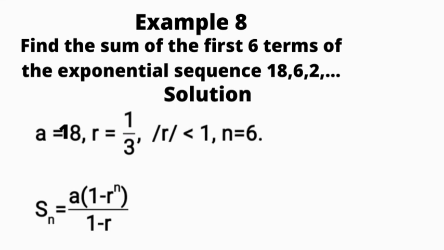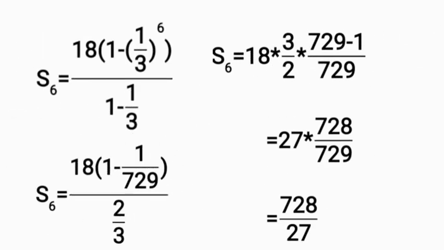The sum of an exponential sequence is given below. And by substituting the value of n, first term A, and common ratio r into that formula, we have 728 all over 27.